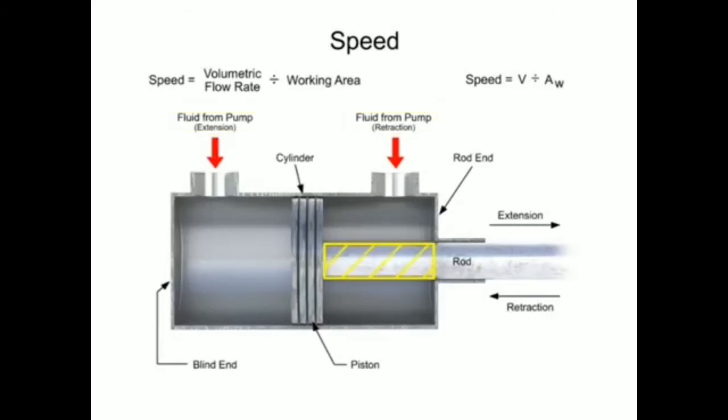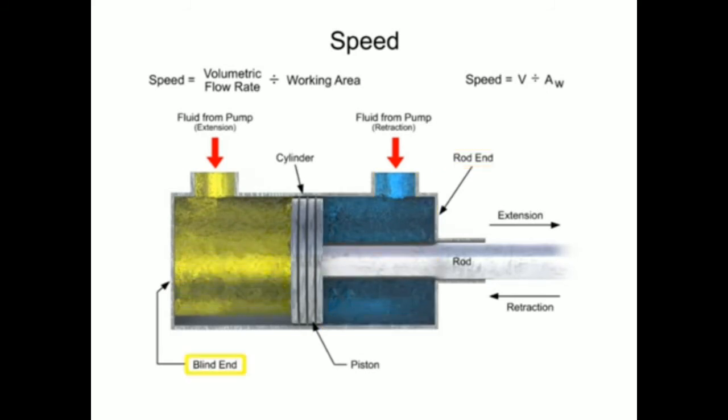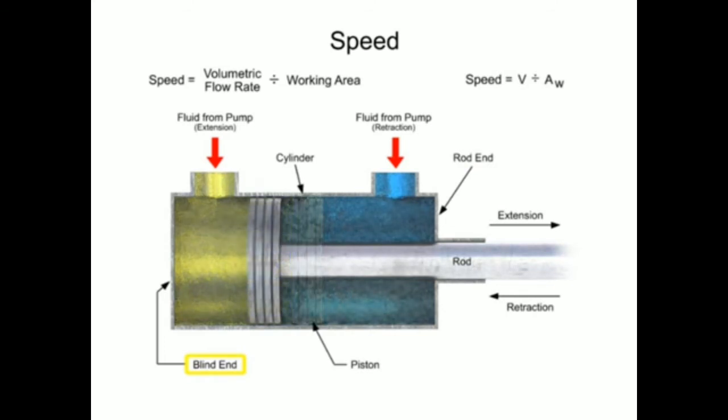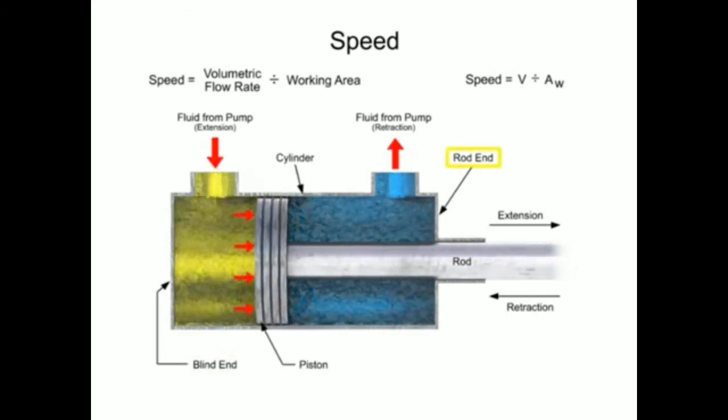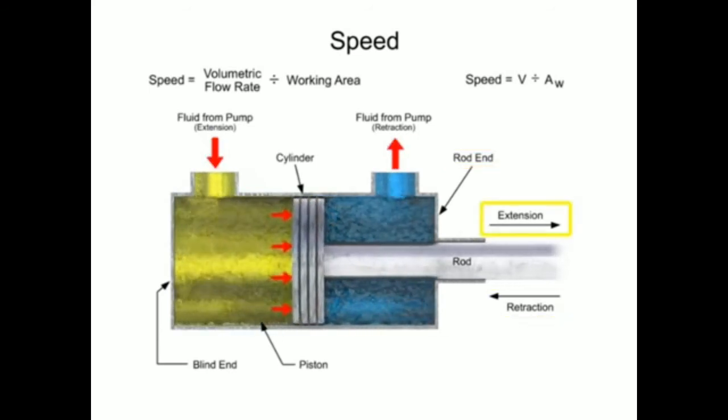Because the rod takes up space within the cylinder, less fluid is required to fill the rod end side. Therefore, fluid will fill the rod end side more quickly than it will fill the blind end. Since the rod end side fills more quickly, this type of cylinder will always retract faster than it can extend.